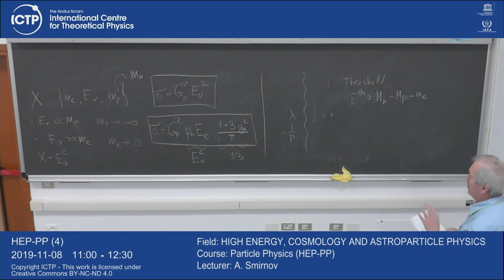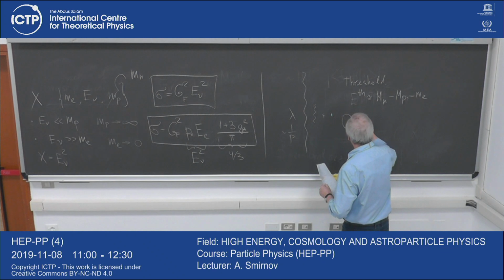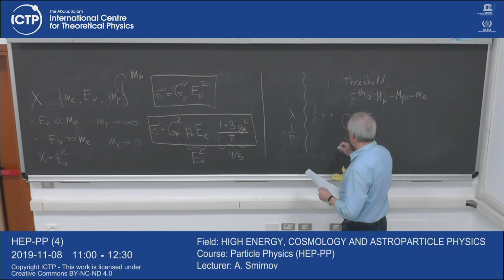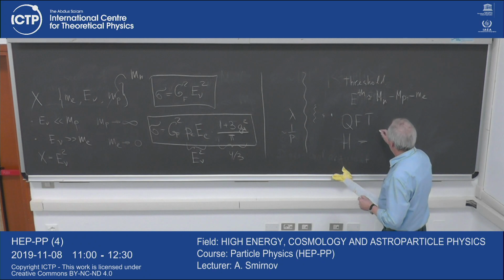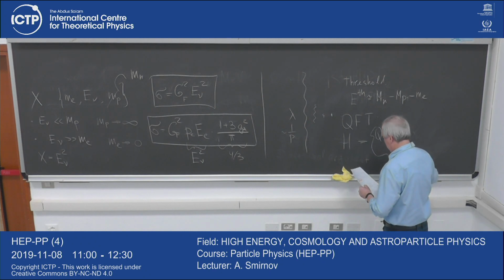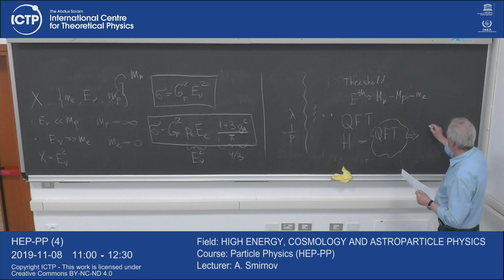Let me make again a general comment on this type of derivation. The standard way in quantum field theory is that you start with the Hamiltonian or Lagrangian, right? Hamiltonian of interactions. Then you do QFT computations, knowing the rules of these computations. And finally, you find observables.